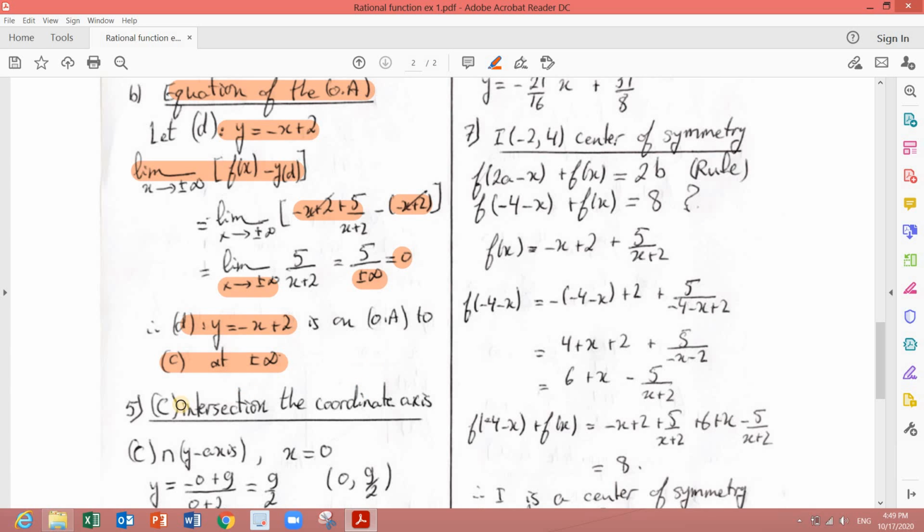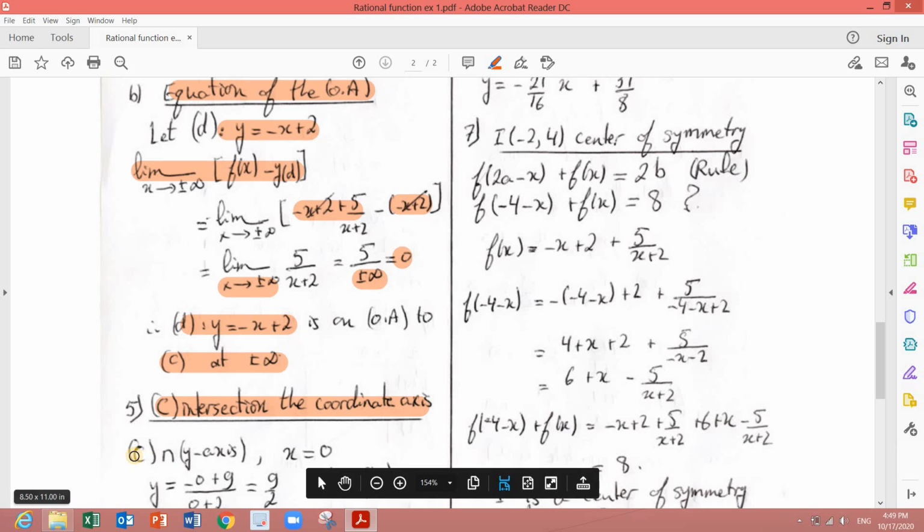Part 5, it is required to determine C intersection the coordinate axes. The coordinate axes mean the x-axis, which is called the abscissa axis, and the y-axis, which is called the ordinate axis. So C intersection the ordinate axis, C intersection the y-axis.